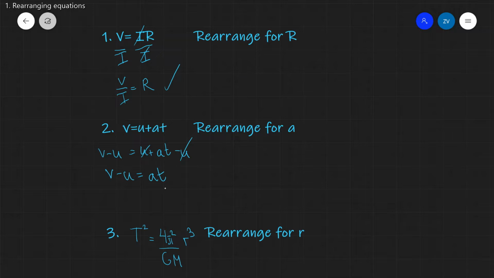Our final step would be to rearrange for A, and in order to do that, we must divide both sides by T. The T's are going to cancel, and what I get is that V minus U divided by T is equal to A.